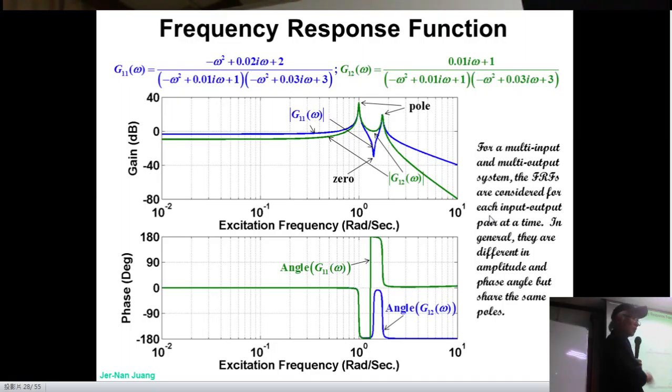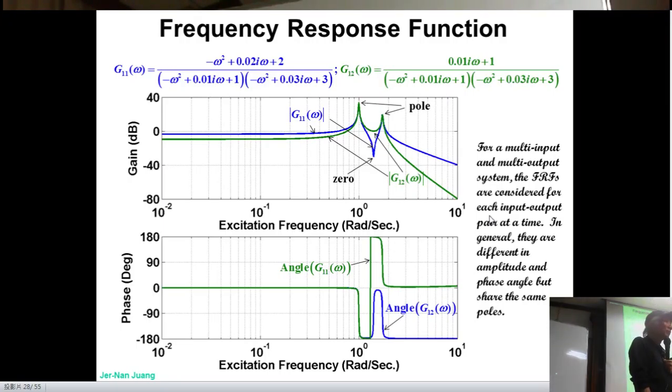That's from this point. Okay, so the zero is from numerator, the pole from denominator, because if you have a pole root at here 0, means this is close to 0. Anything divided by very small value, that is a large value. Agree?